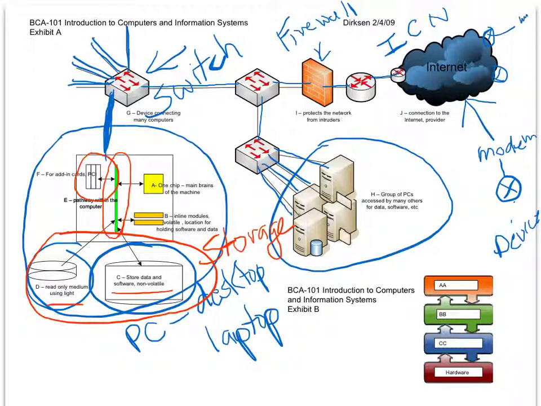It gets it off the hard drive and loads it into RAM. This is memory, random access memory. It's memory inline modules, a versatile location for holding software and data. Then when your computer starts to process, doing something, information moves from RAM into the processor.